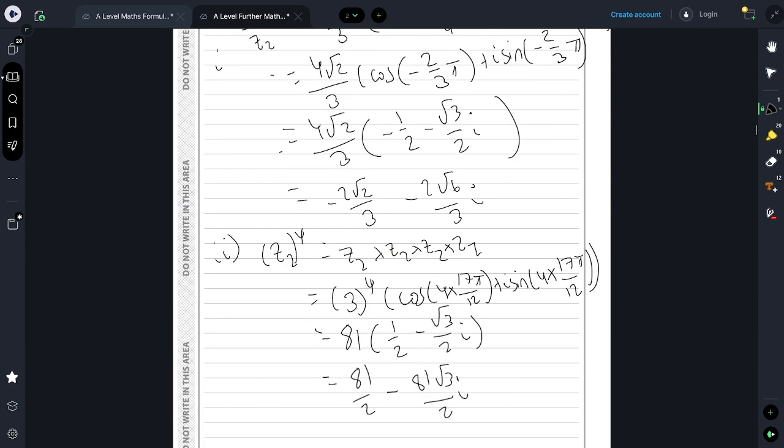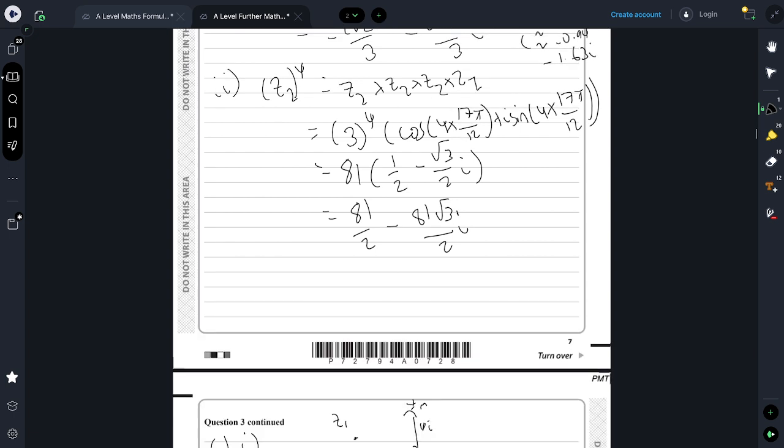Well, it's this, which is approximately, so let's convert this into an actual decimal so we can compare with the other numbers. Minus 2 root 2 over 3, which is minus 0.94, and then minus 2 root 6 over 3 is minus 1.63i.